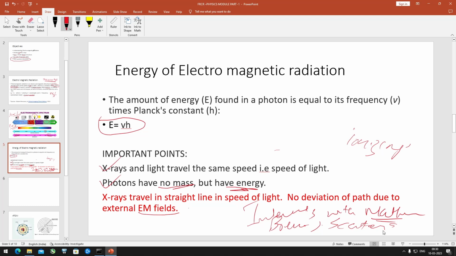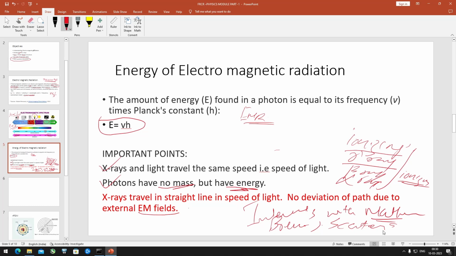So X-rays, gamma rays, and other charged particles like beta rays and alpha rays are all ionizing radiations. So what do you mean by ionizing radiation? Ionizing radiation means any radiation, be it electromagnetic radiation or not, or a particle.